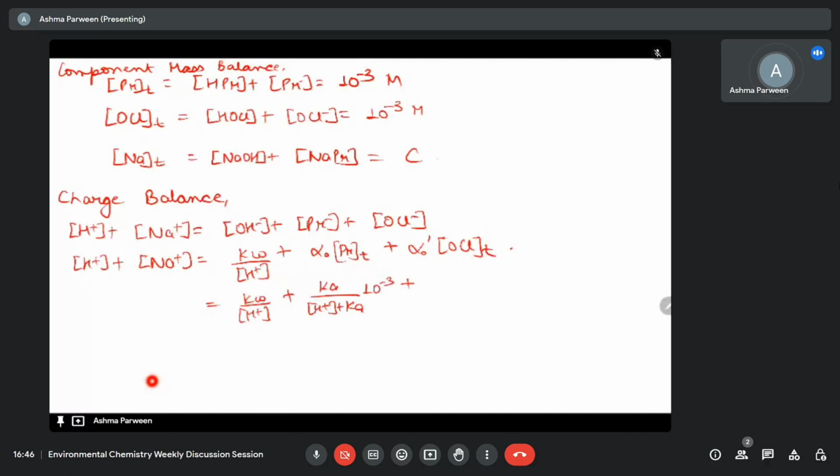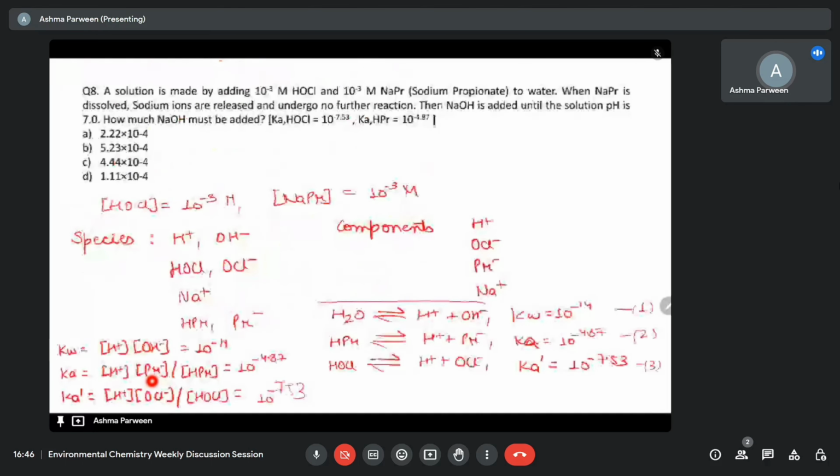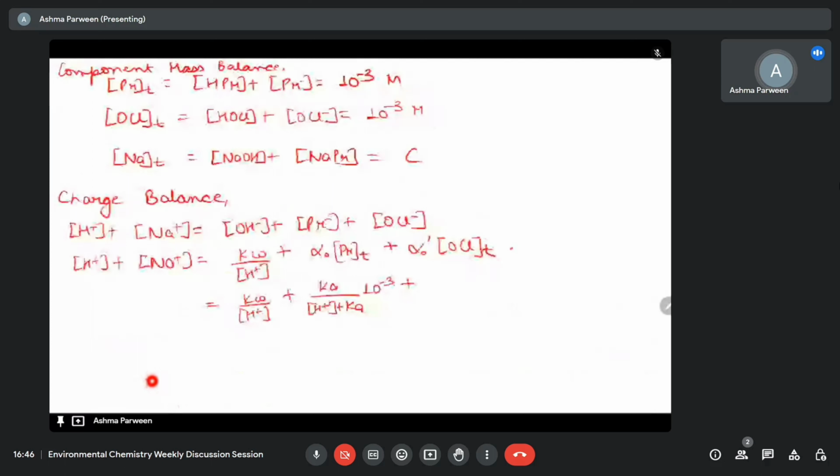I have taken Ka dash for HOCl, so it will be Ka dash upon H plus plus Ka dash, and OCl total is 10 raised to power minus 3. And we have been given that the final pH is 7. So for pH 7, H plus will be 10 power minus 7, plus Na plus.